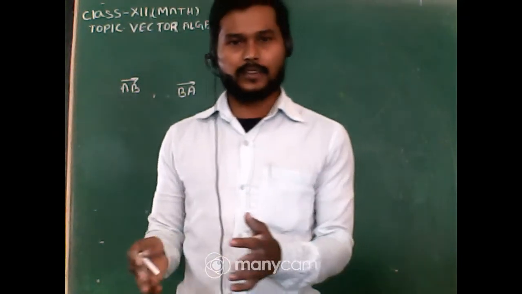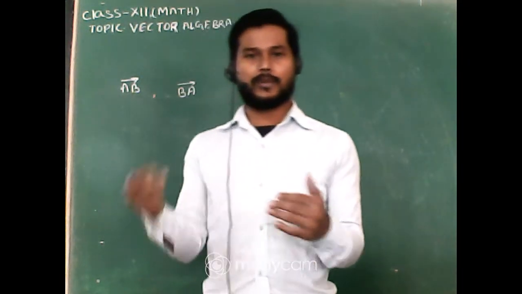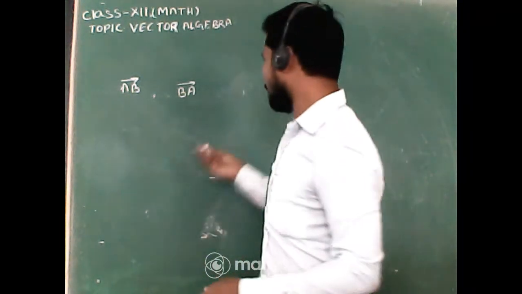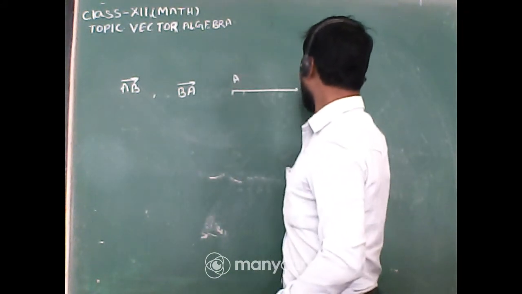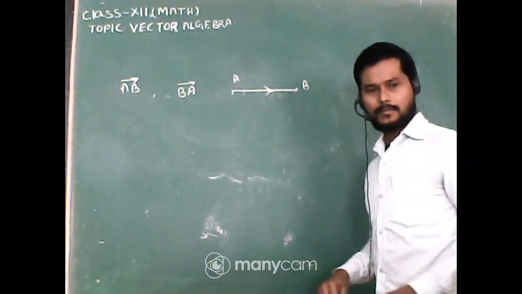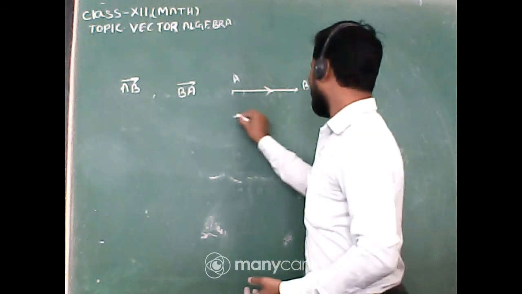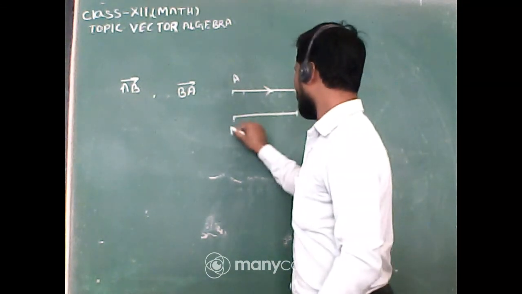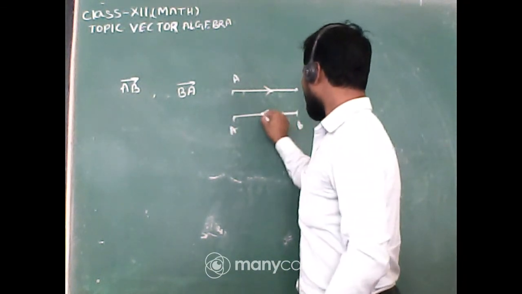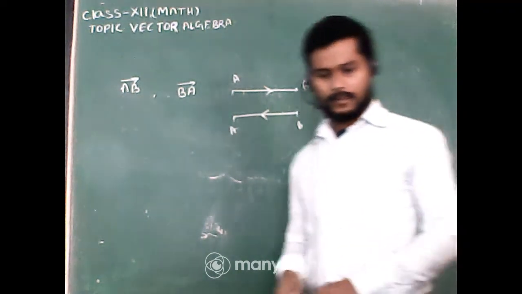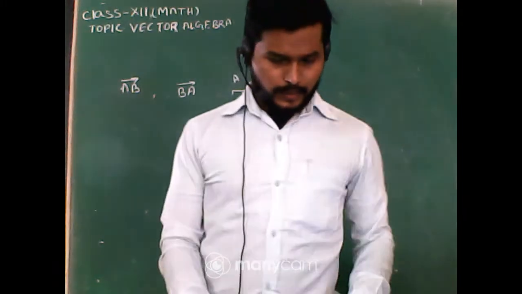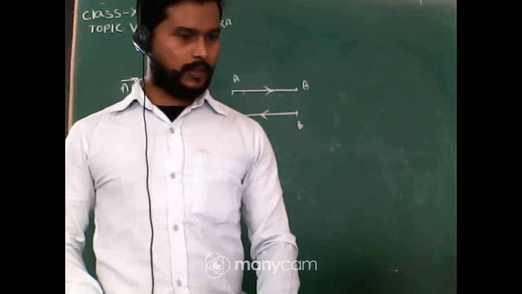If I draw the direction, let these be points A and B. So AB is a vector. Its negative vector will be BA, just changing the direction, B to A. Okay, so negative vectors and positive vectors are now discussed.